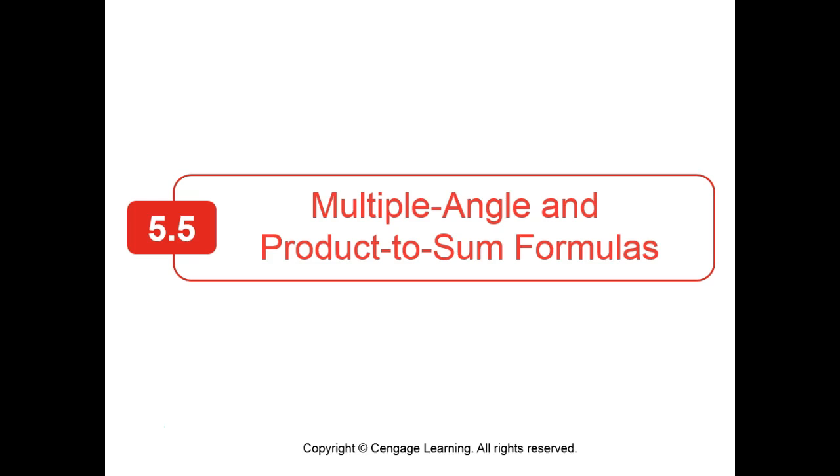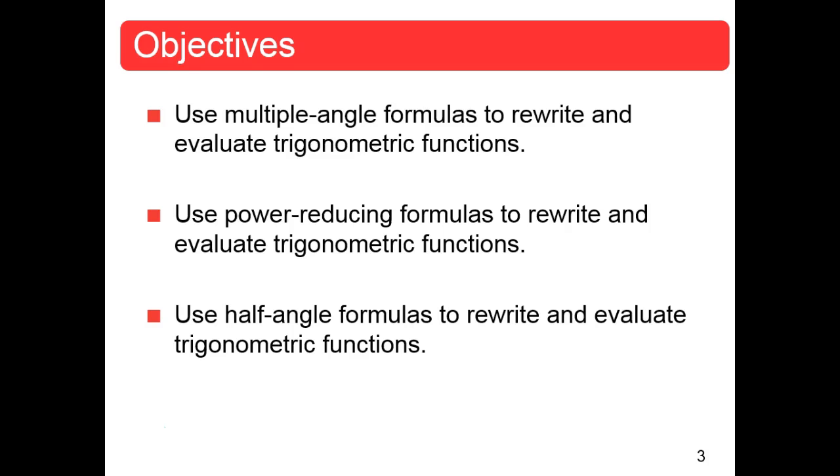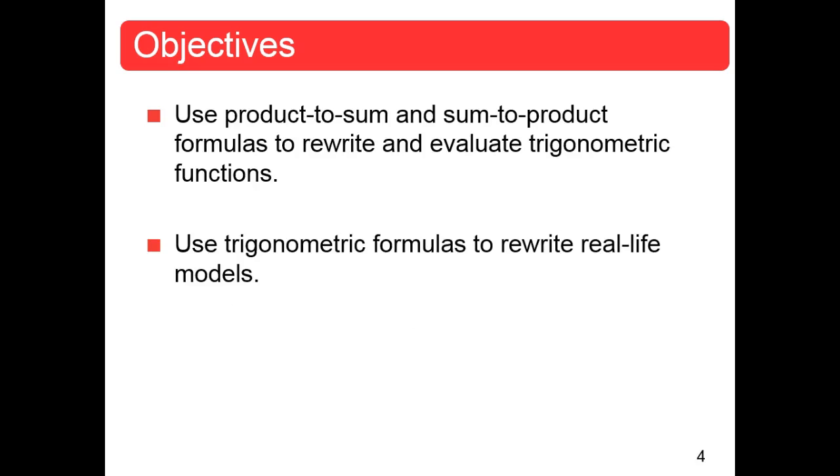All right, so 5.5. Objectives here: use the multiple angle formulas, which we haven't had yet, but we will, to rewrite and evaluate trigonometric functions. We'll use power-reducing formulas to rewrite and evaluate trigonometric functions. We'll come up with some half-angle formulas, and use those to rewrite and evaluate trigonometric functions.